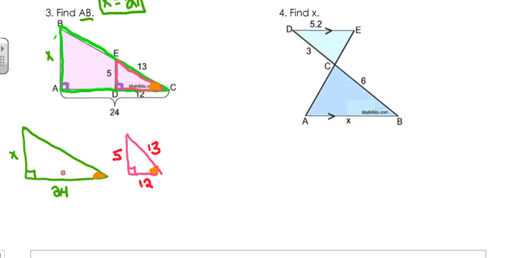Again, I've got two angles in the green triangle congruent to two angles in the pink triangle. So the triangles are similar by angle-angle similarity. So what that tells us is that the sides have to be proportional.